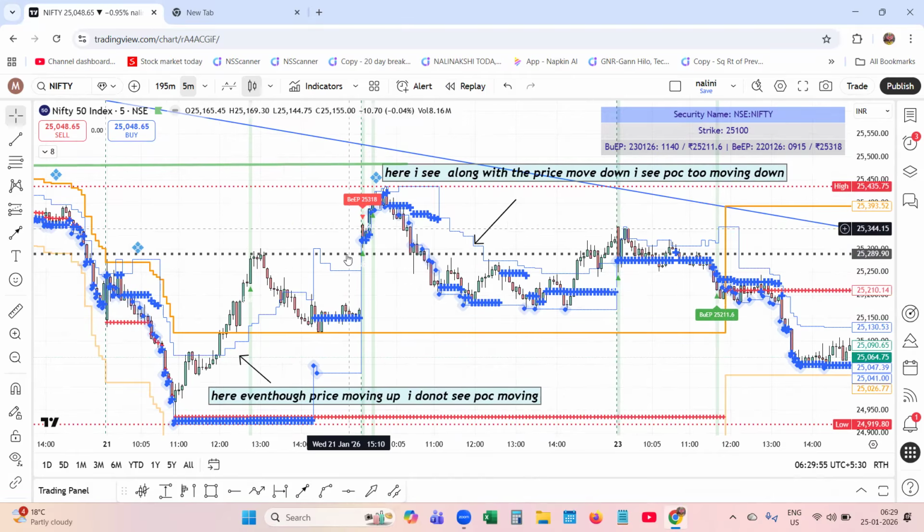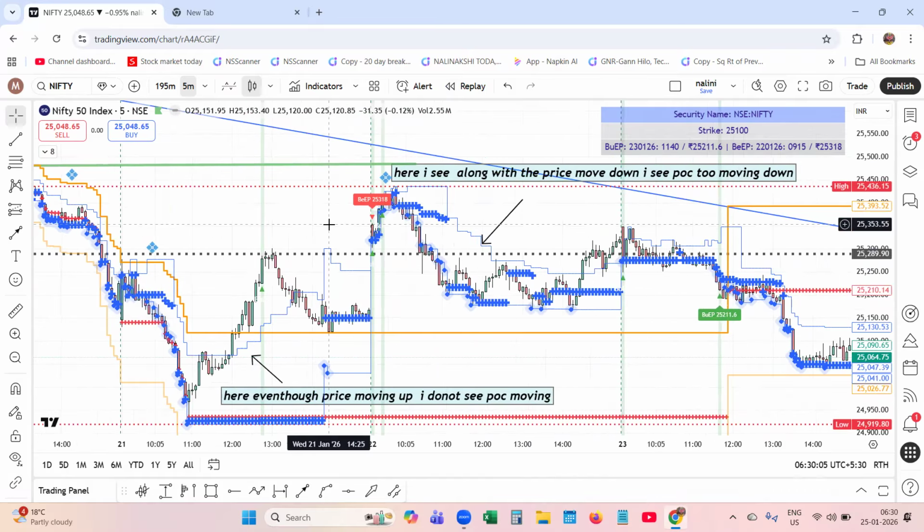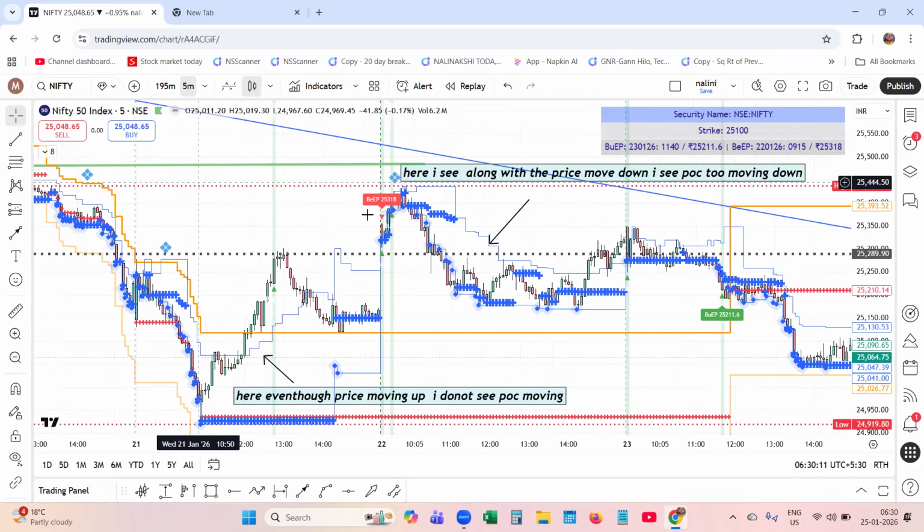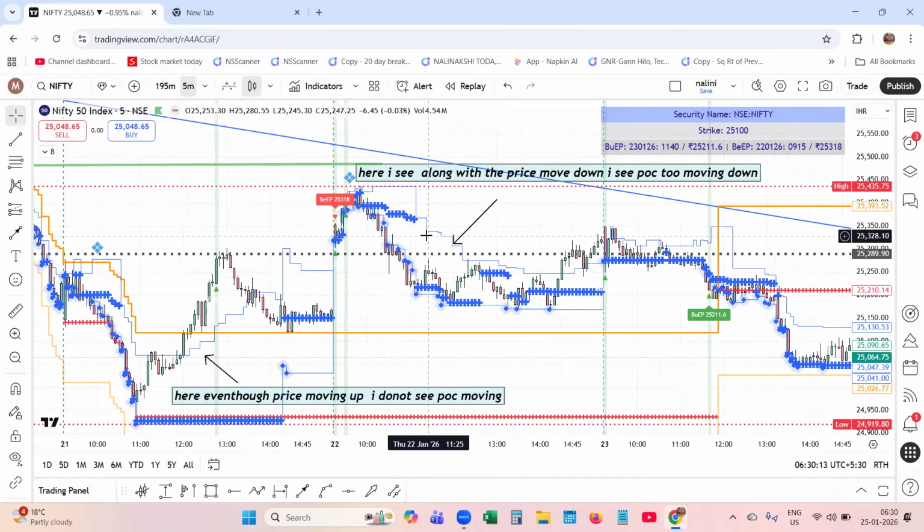As an intraday trader, we will not come to know the intention of these players. But if you can understand the logic behind all this price action, price behavior, and the POCs, you will start understanding the intention of the big player.